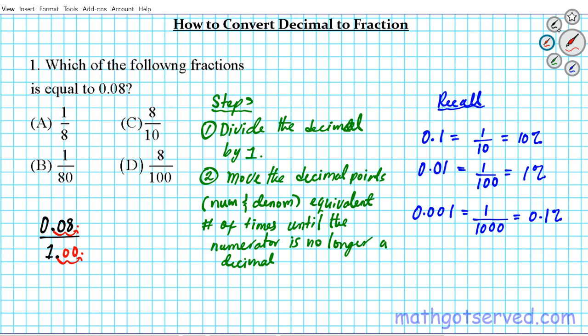So 0.08 in fraction form is 8 divided by 100. Of course, this can be reduced by dividing top and bottom by 4, which gives you 2 over 25, but in this particular question, the intermediate format is what we're looking for. So the answer to question number 1, the fraction form for 0.08 is 8 over 100, option letter D.